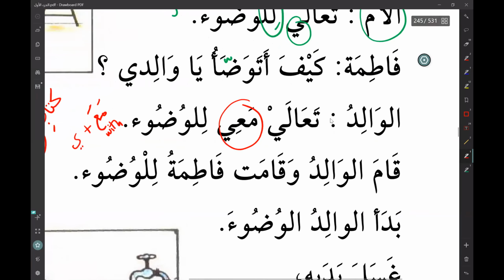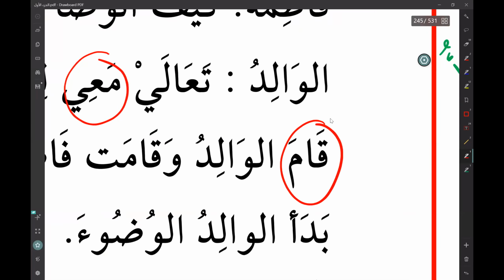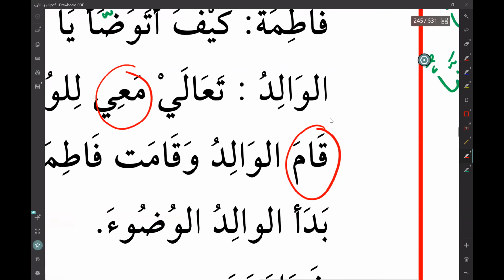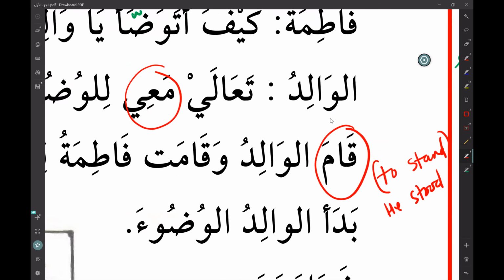Now, what does it say? It says qama. This is another very good word we have to know. Qama has many different meanings. Here it means qama al walidu. Qama means to stand. So this is a past tense, so it would be he stood. So who is he? Al walidu. So we will say the father stood.